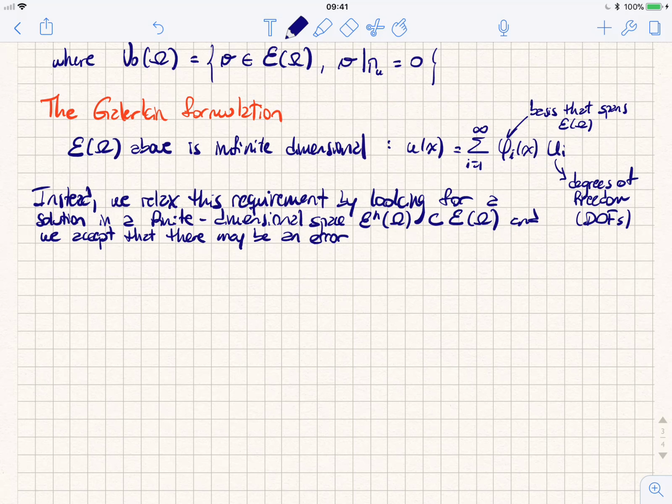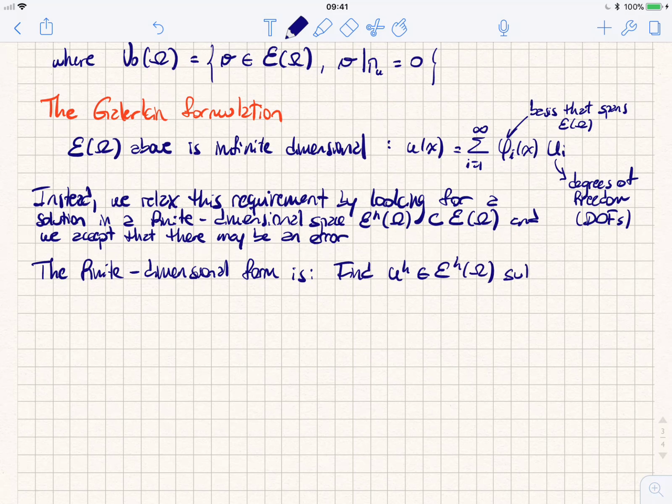So then the finite dimensional form of that equation that we just described is: find u^h belonging to E^h such that B of u^h is equal to L for all w^h in E^h. Yeah, and so this is our statement.